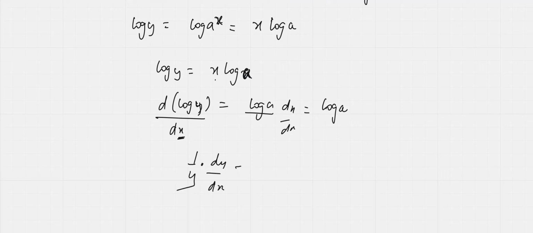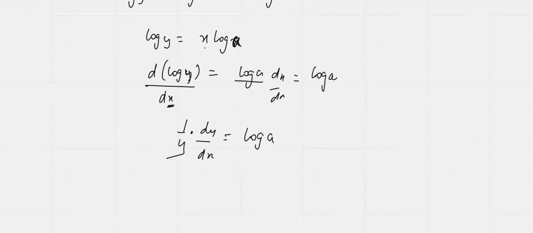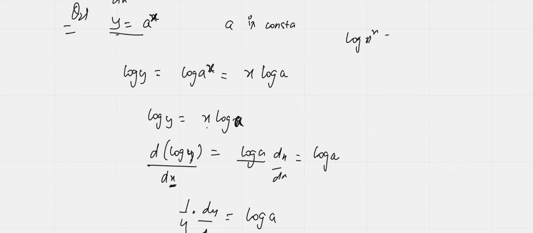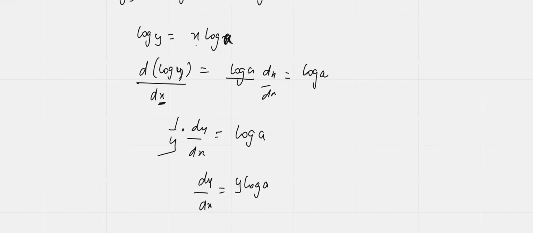So what I have got is that this whole thing is equal to log a. So what is my dy by dx? You can see my dy by dx is coming out as y times log of a. And what is my value of y? That is a to the power x. So I can simply put it as a to the power x log of a. Is this clear?